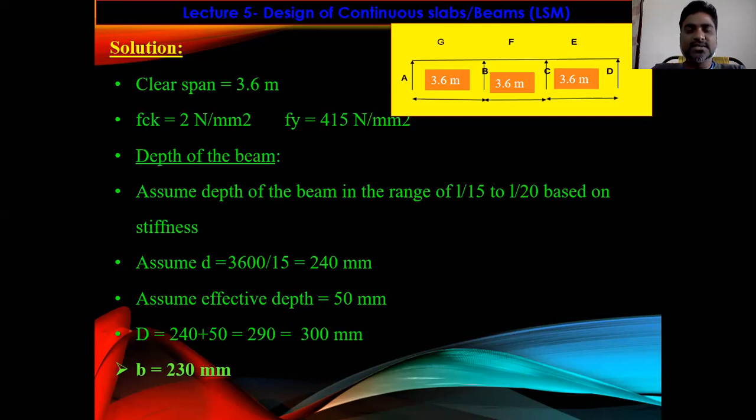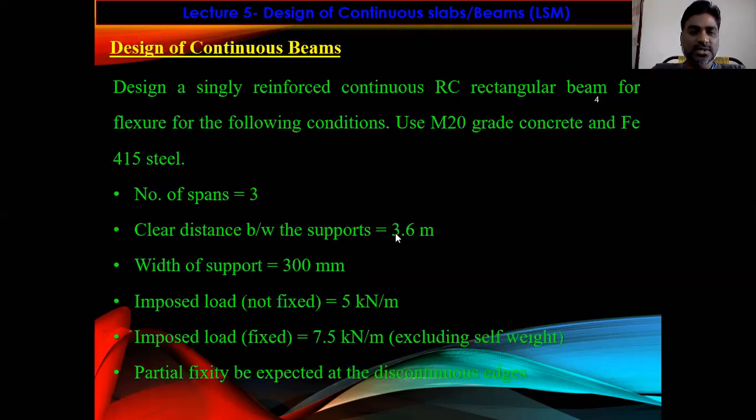The limitations are: the method is applicable for a beam which has a minimum of 3 spans. So here you need to check whether you have 3 spans, and you do. One more thing is that the beam should carry only UDLs, and whatever loads are given here are only UDL loads. So these 3 conditions are satisfied.